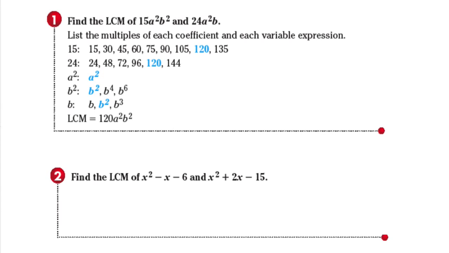Or another way of doing it is that you now have 120, okay, and then you do a times a, and this is b times b, and this is simply b. So what you do is simply circle your common multiples.